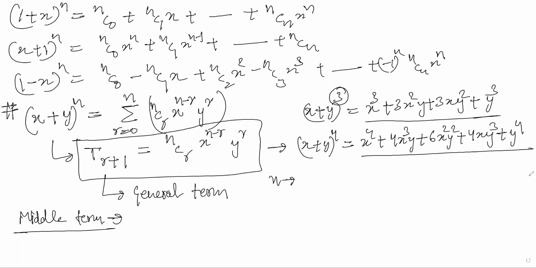Middle term means the term exactly in the middle. What is in between? The most, which has the same distance from the beginning and also from the end. Middlemost term. Fahad, tell me, what's the middle term in this case, second part?